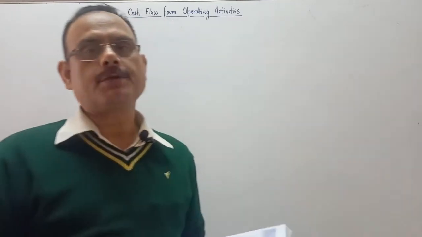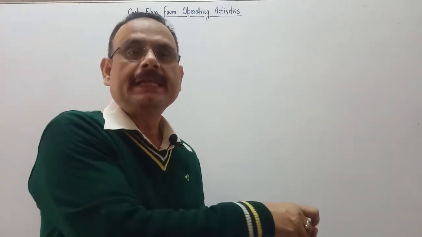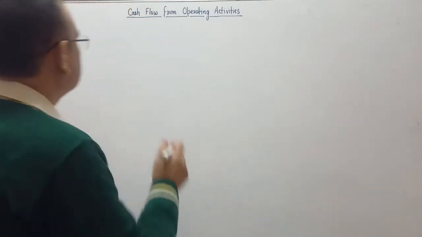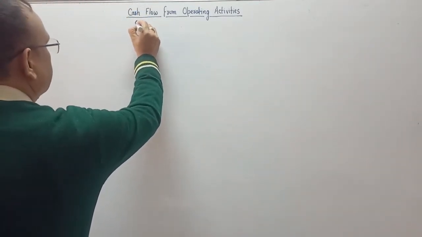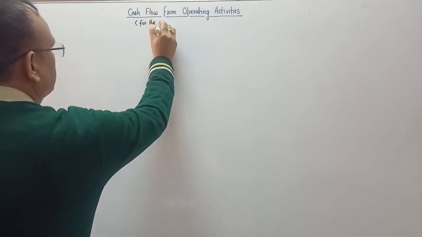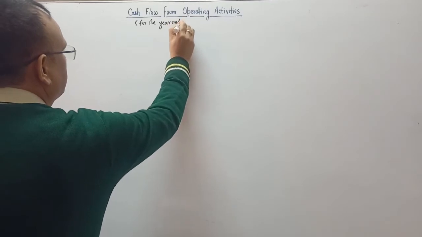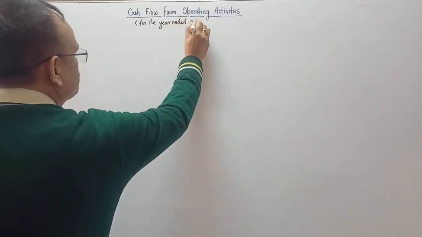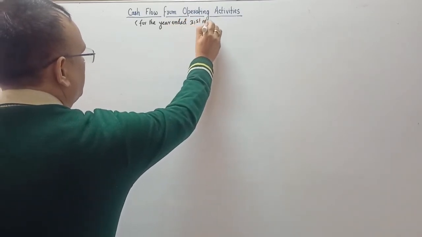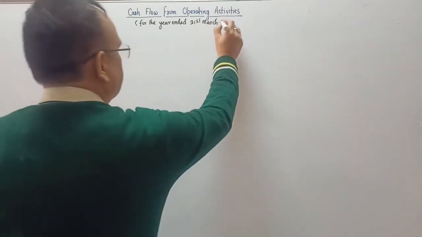Okay. Now we are going to calculate the cash flow from operating activities for the year ended 31st March 2018.